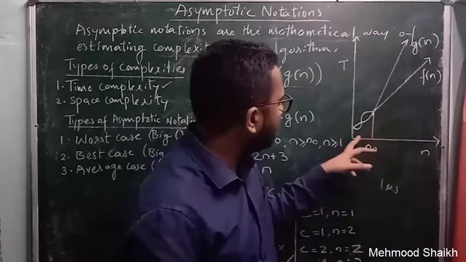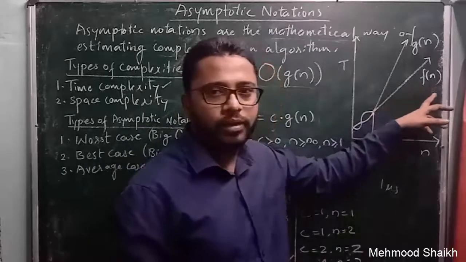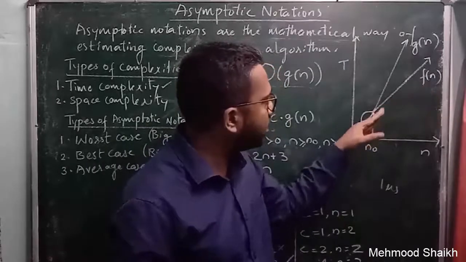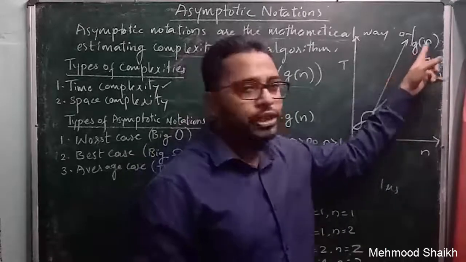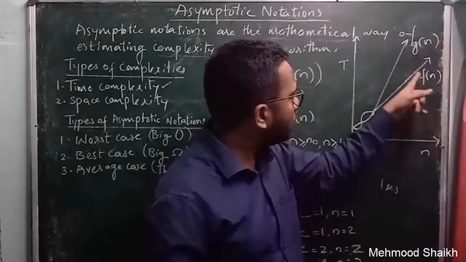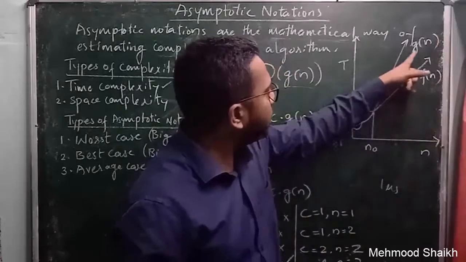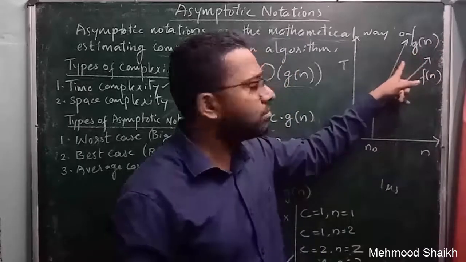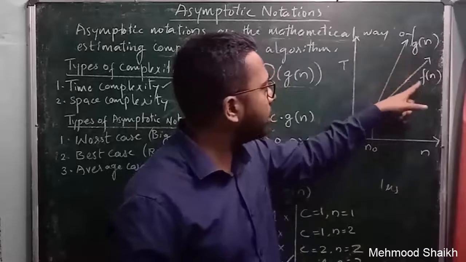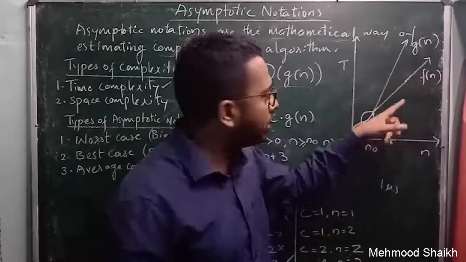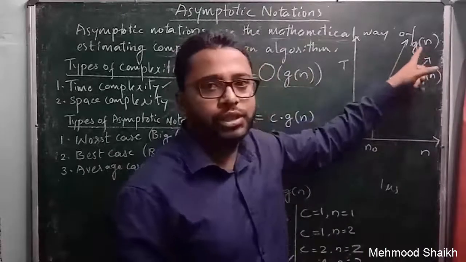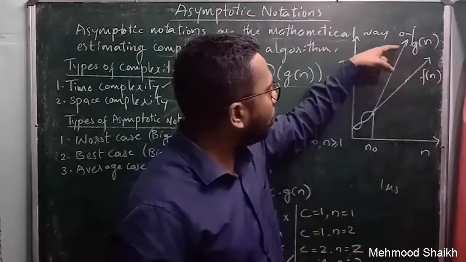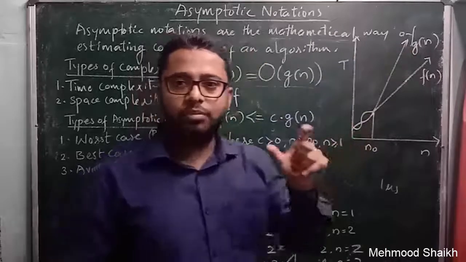Here you can see I have a function f of n, which is moving in a linear fashion, and I have another function g of n. This function g of n is the maximum time required for the function to execute. The function f of n cannot exceed the function g of n, and we can also call g of n an upper bound.